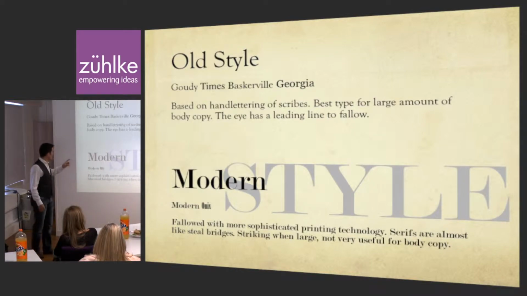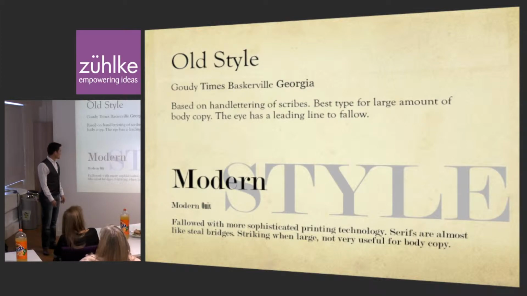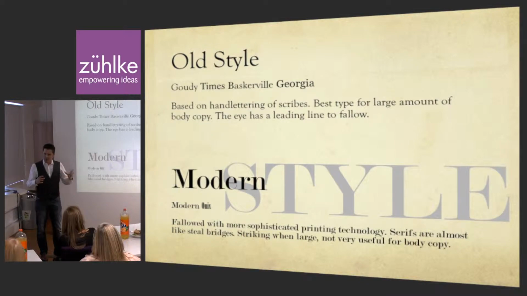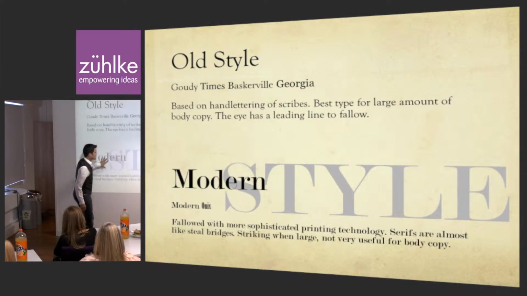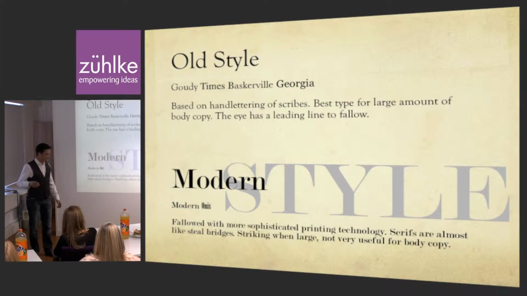These modern fonts, they're not so modern anymore, but they work very well in big letters. So we wouldn't necessarily use them for body text, but for titles. Vogue has that as a title, and other magazines as well.